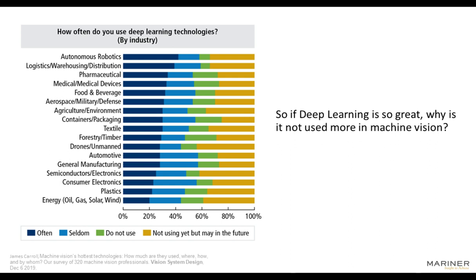Okay, great. So let me hop to the survey here. Okay, so it was sent out. Oh yeah, great. And I'm going to send the results back to the audience. So if you look at the slide, these are the results from the survey back in December that Vision System Design conducted. In your survey, I think it lines up pretty well. Around half of the audience is not using today but may use in the future.